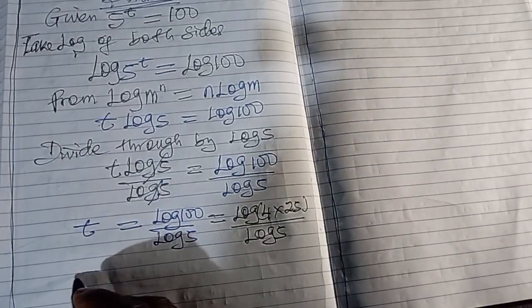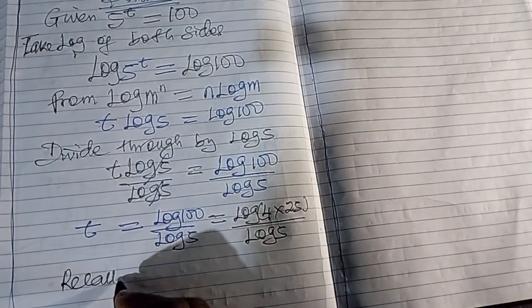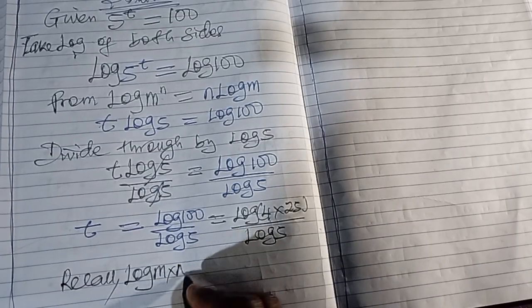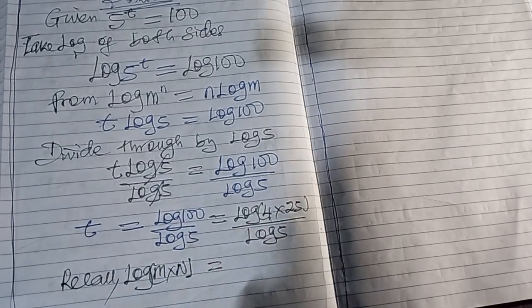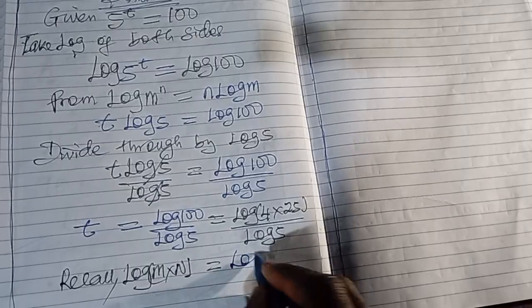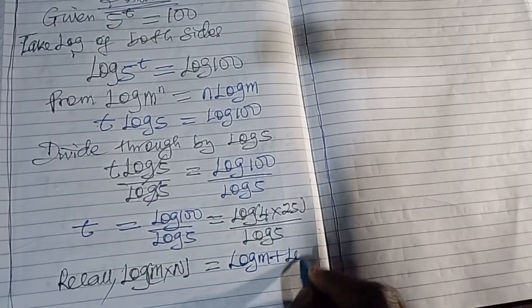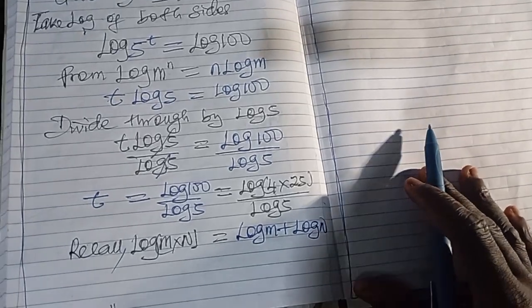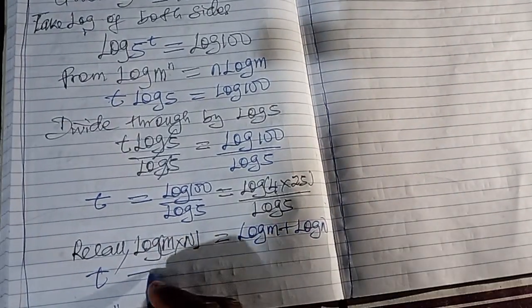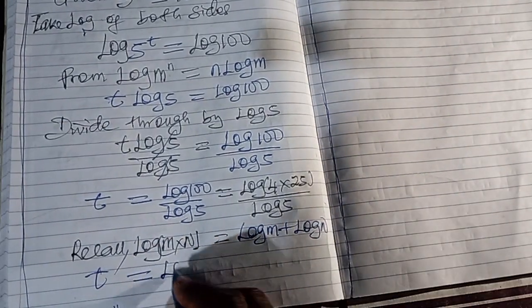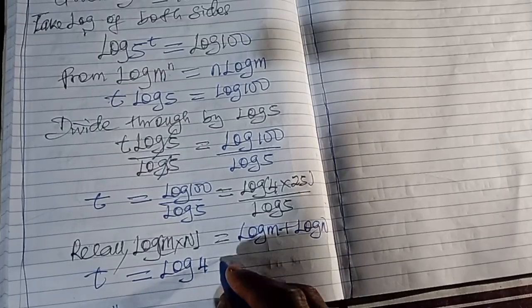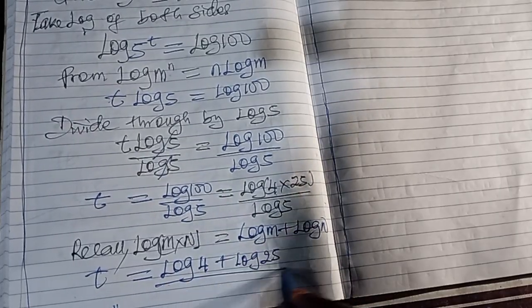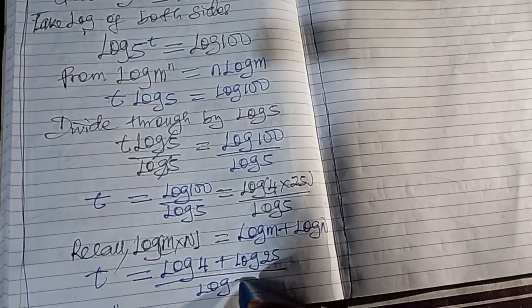From logarithm, recall that log of m multiplied by n is the same as log m plus log n. So let's apply it here again. We now have t is equal to log 4 plus log 25, all divided by log 5.